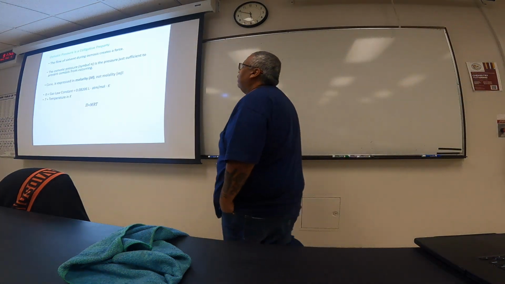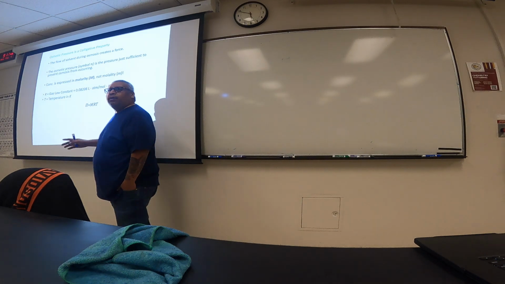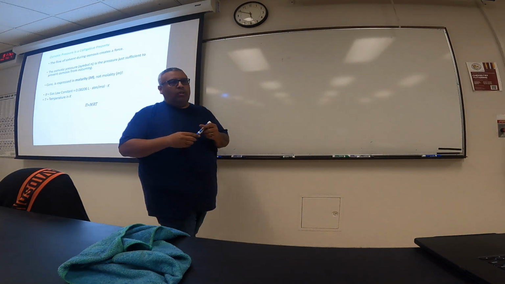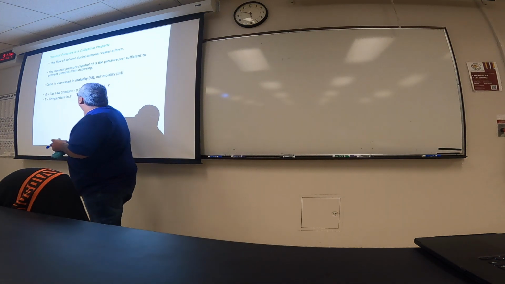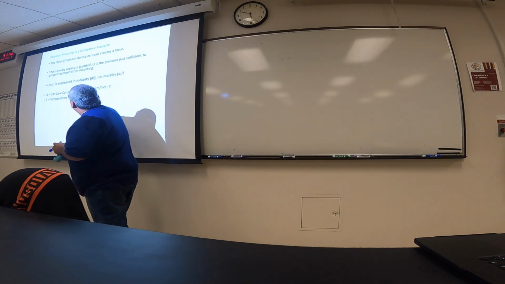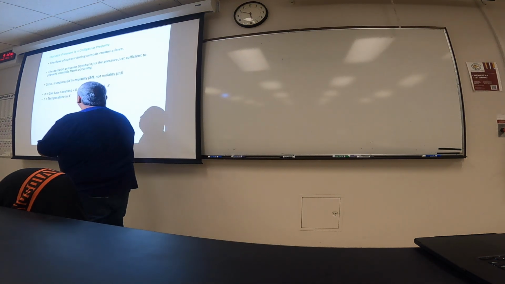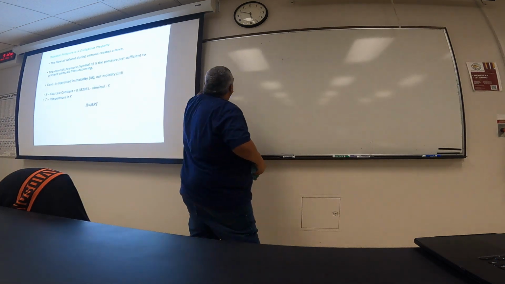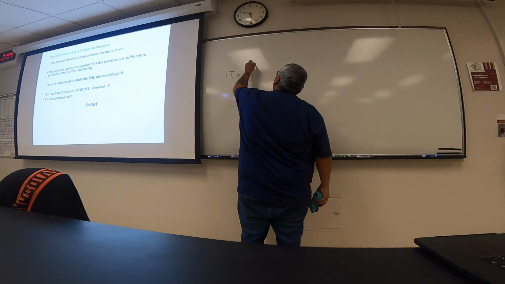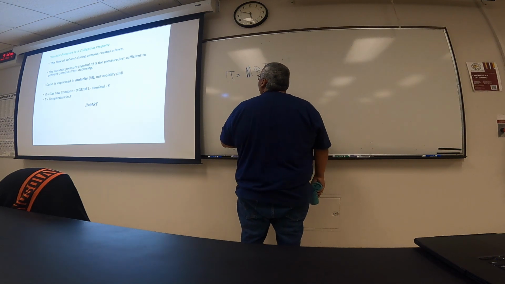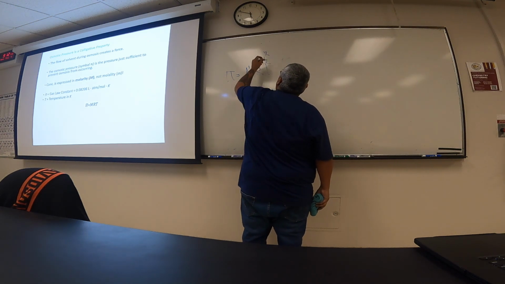Now, as far as calculating, they call it osmolarity, osmotic pressure. To calculate osmotic pressure, this is our symbol here. It looks like a little pi symbol. That's going to be our osmotic pressure. So our osmotic pressure is calculated by using molarity, some rate constant, and then some temperature, in Kelvin.